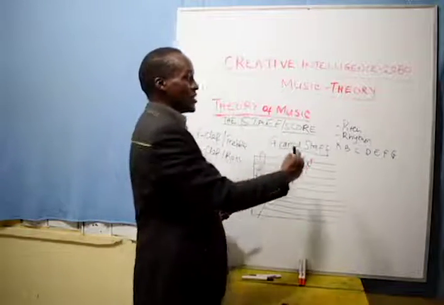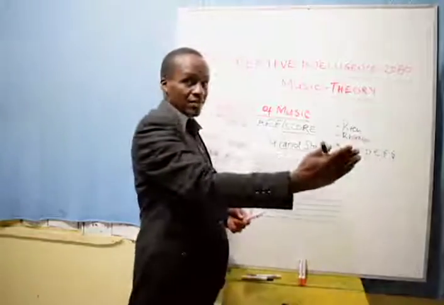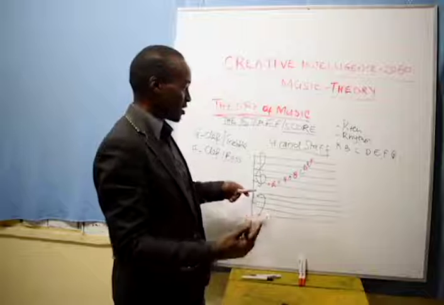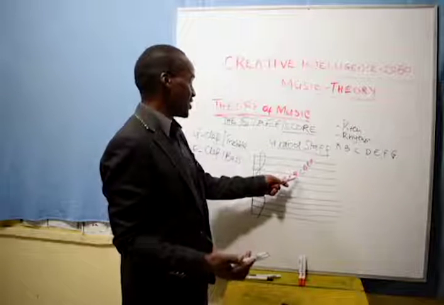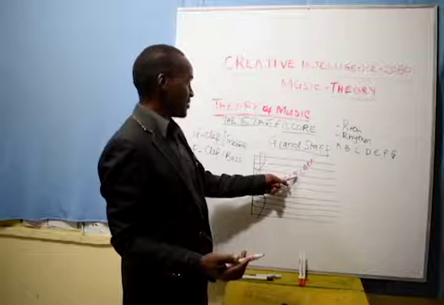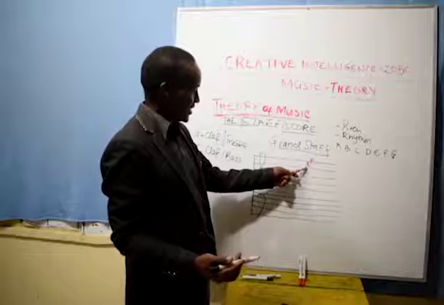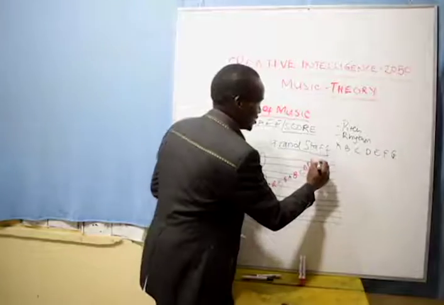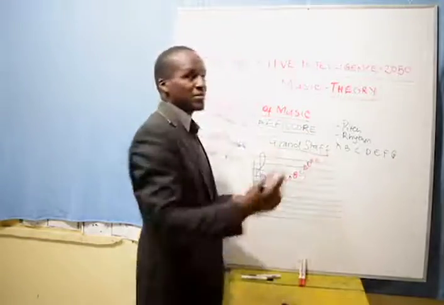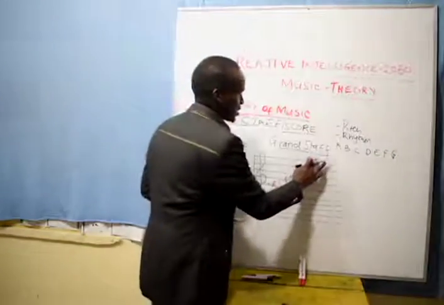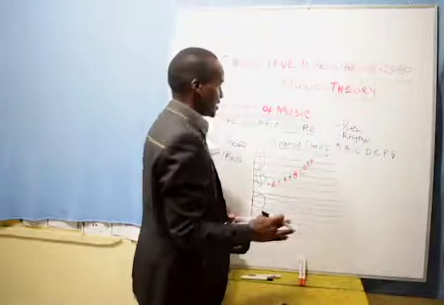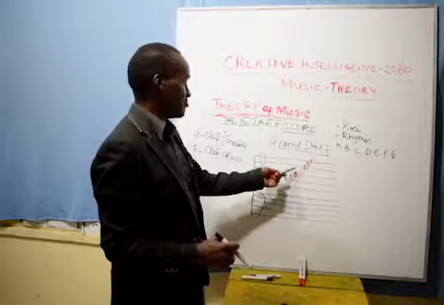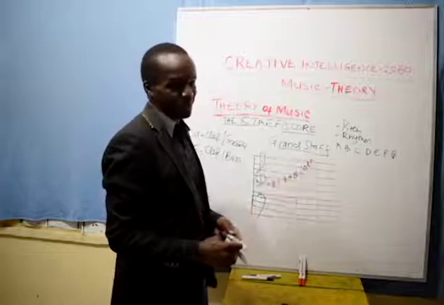Once you are done with the last letter, it's like a cycle. That's why after we are through with B, we repeat from C again, C, D, E, F. And if we were to continue, this place would also be called G again. We can keep naming it over and over. But for now, let's restrict ourselves to the 5 lines and the 4 spaces over there. So we have E, F, G, A, B, C, D, E.